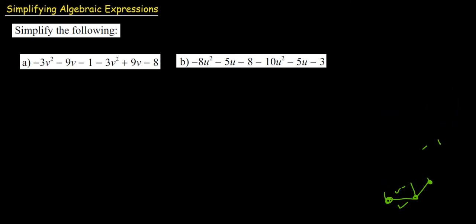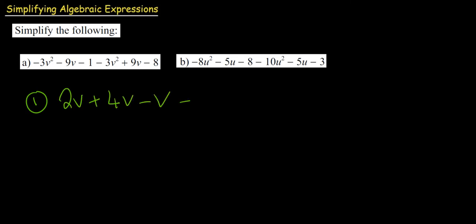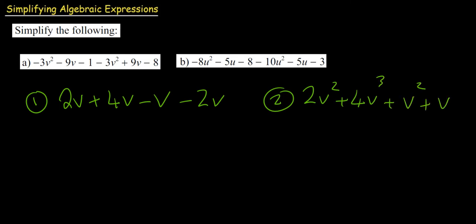So based on that little example, I would like you to simplify these. 2v plus 4v minus v minus 2v, and then 2v squared plus 4v cubed plus v squared plus v cubed. Pause the video and have a go at simplifying these.